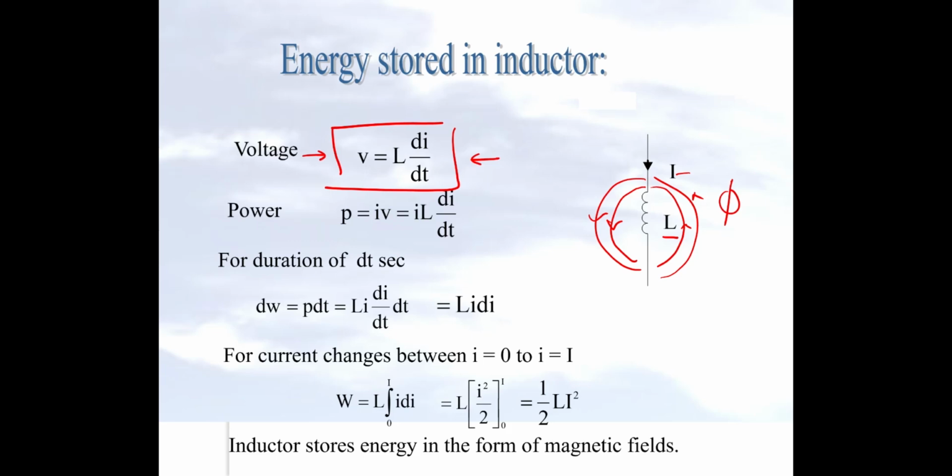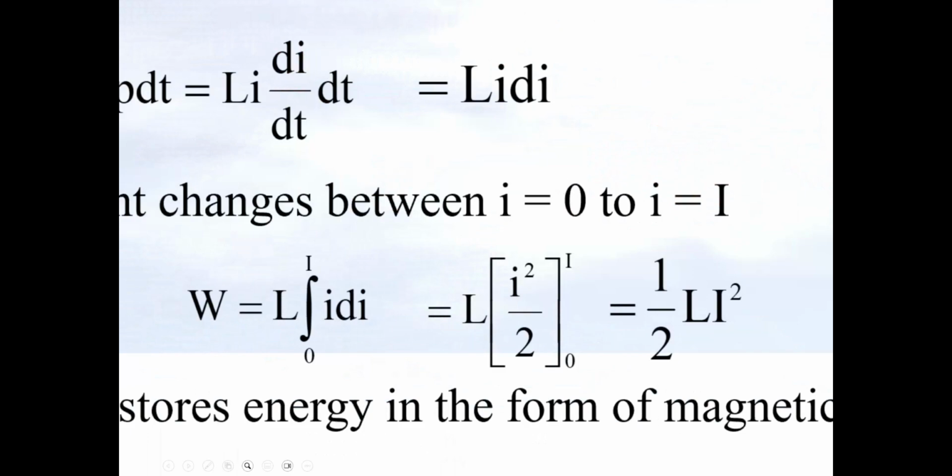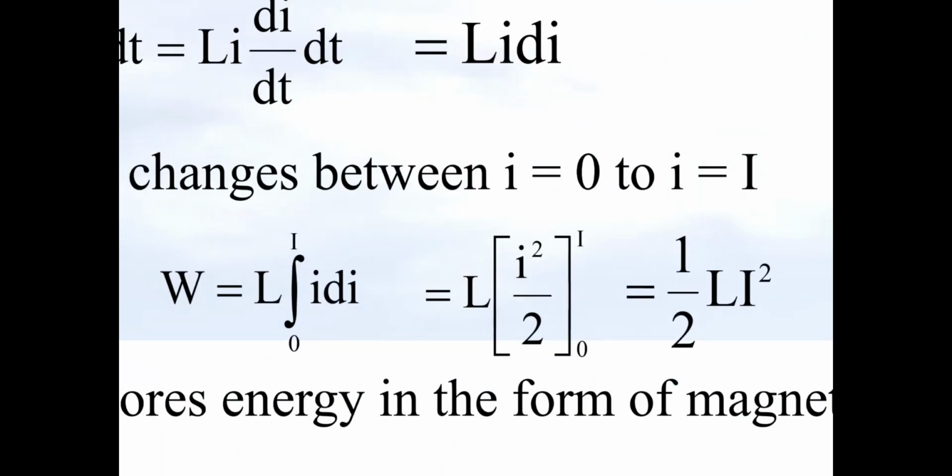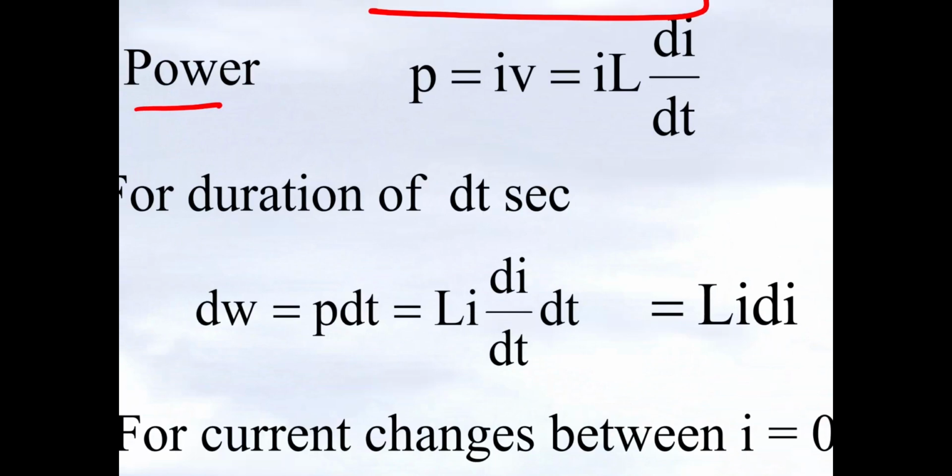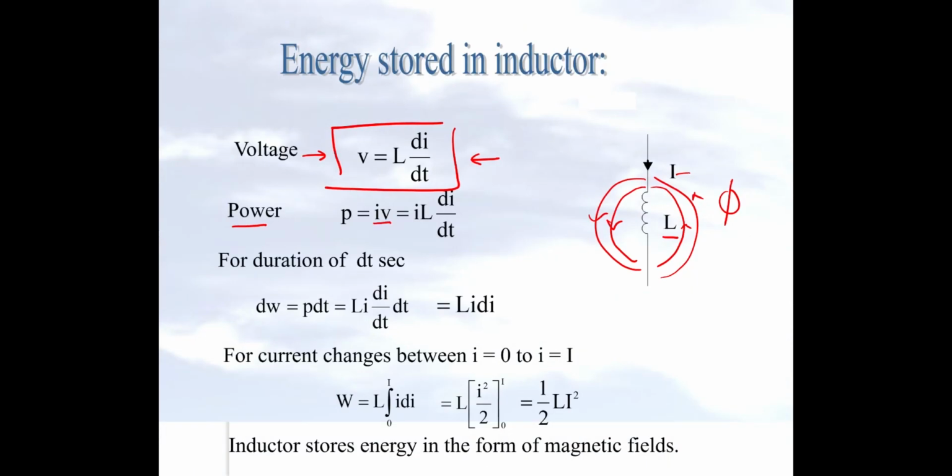If you'd like to compute the power of that inductor, power is in general equal to I times V. We can write it in terms of the inductor current I, and V would be replaced by L di dt.